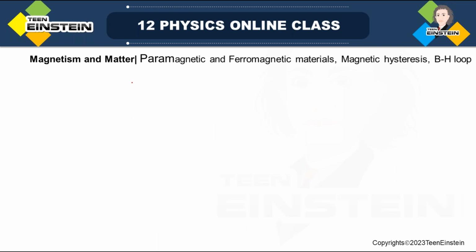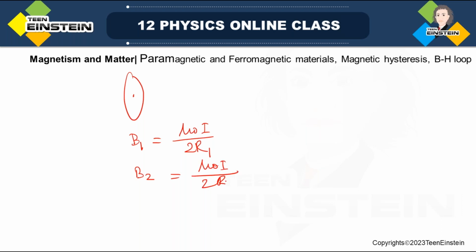Now we know a loop produces magnetic field at the center B given by mu0 I by 2r. So this is B1 with R1. Now B2 is mu0 I by 2R2.